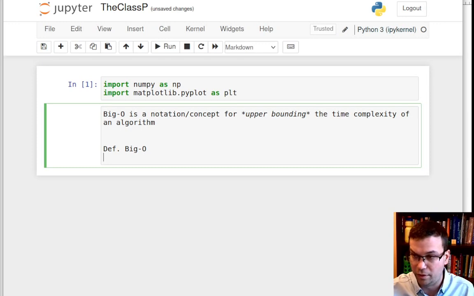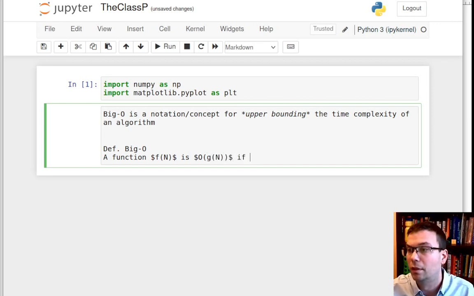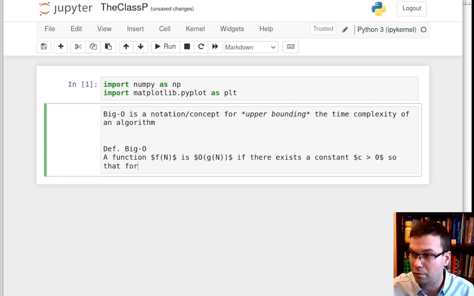So the formal definition is: a function f(n) is big O of a function g(n) if there exists a constant c greater than 0, so that for all n greater than some other constant m_c, f(n) is less than or equal to that constant times g(n).